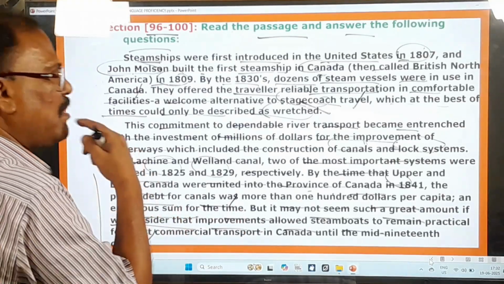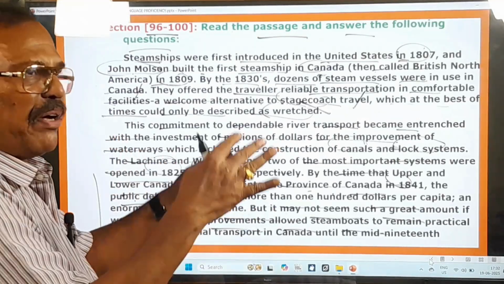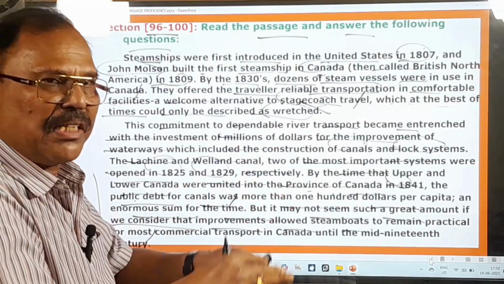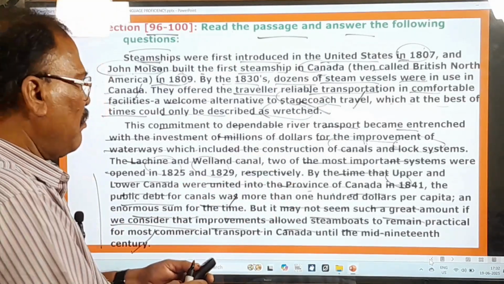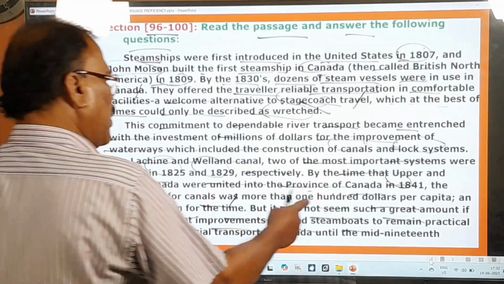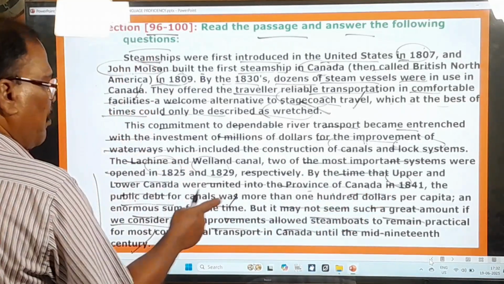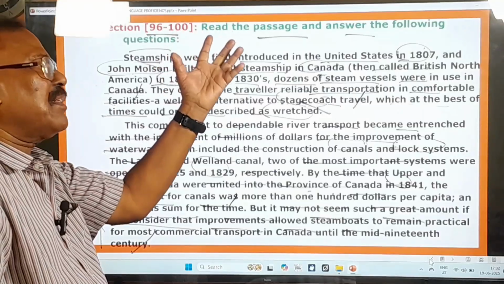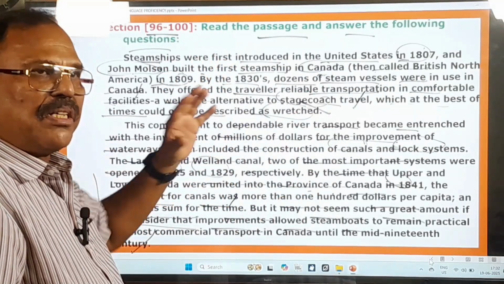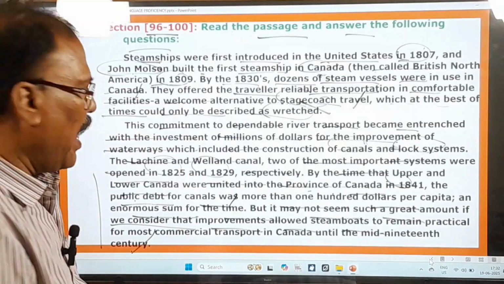Because the government was investing more money in the development of waterways and canals, that became a burden for the people of those days. But it may not seem such a great amount if we consider that improvement. As compared with the progress made in the water canals and the other facilities, this burden is not a big one, not an enormous one.